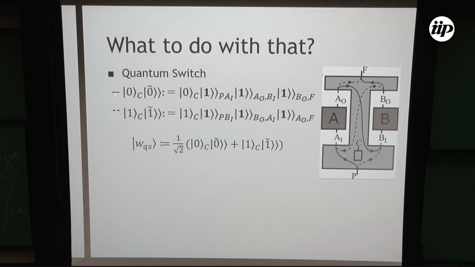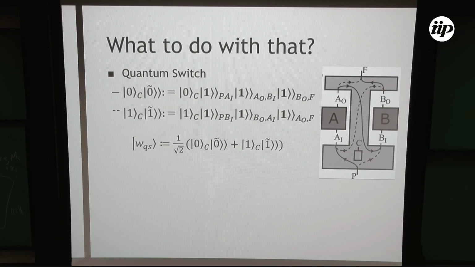Basically, this 0 and 0 tilde means going first A, then B, and this 1 and 1 tilde means this process going first B, then A. Of course, there are more general processes that go first A, then B, or vice versa. This is just a simple example, such that we can write the quantum switch as this expression involving these zeros and these ones.